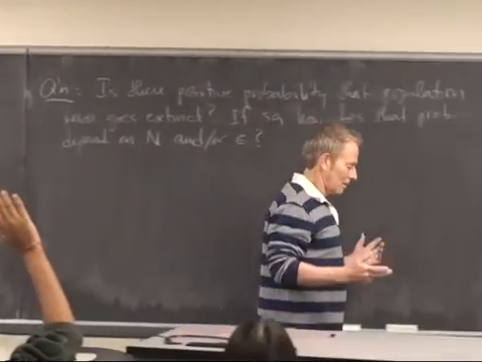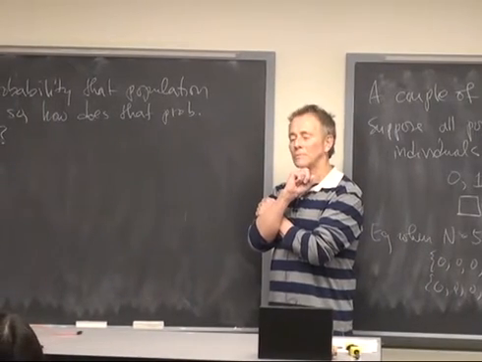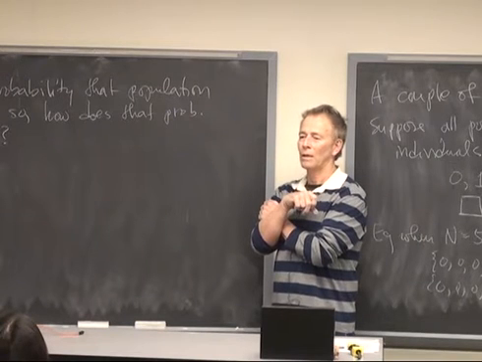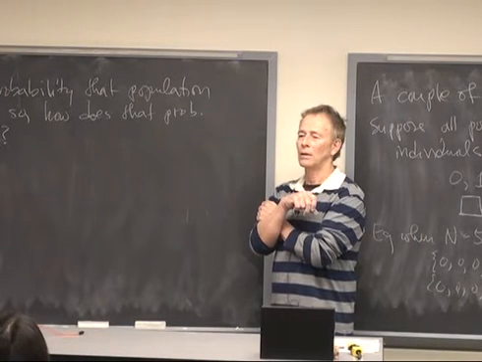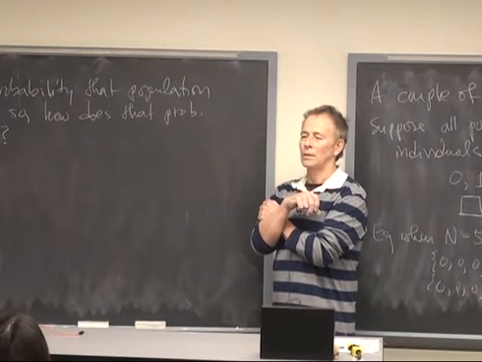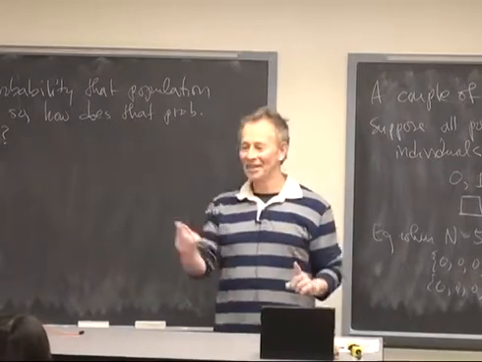Okay. Question. Yes. In this case, because n is a fixed set, isn't it guaranteed that eventually the number of iterations that you get more boxes as time goes on? So the question is, okay, this is a good question.